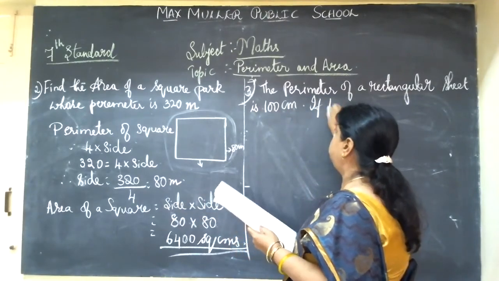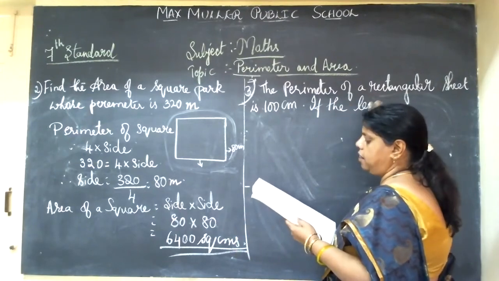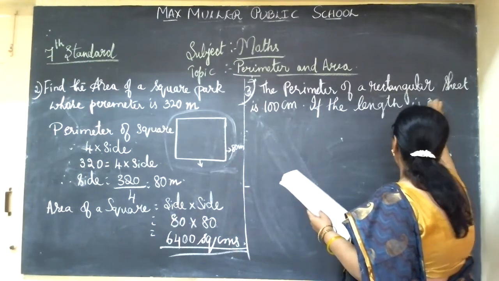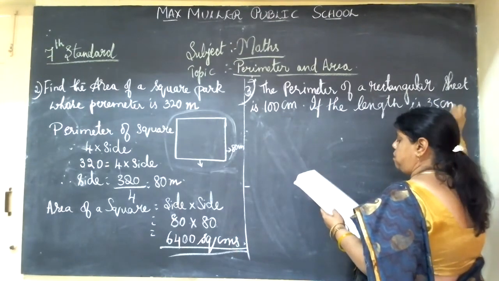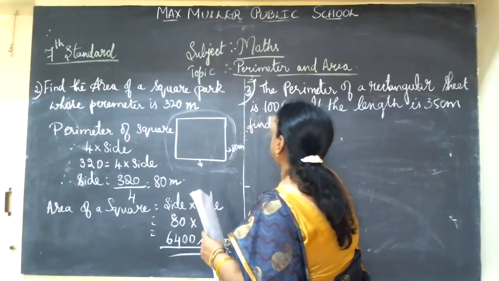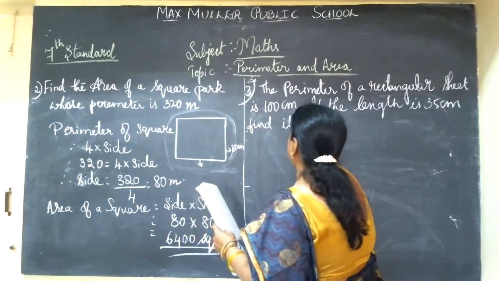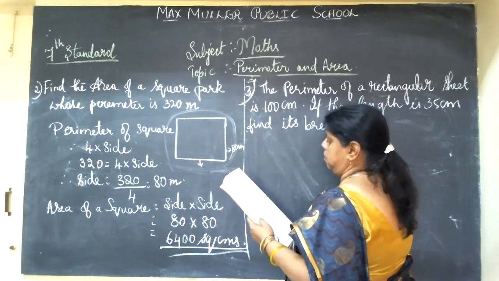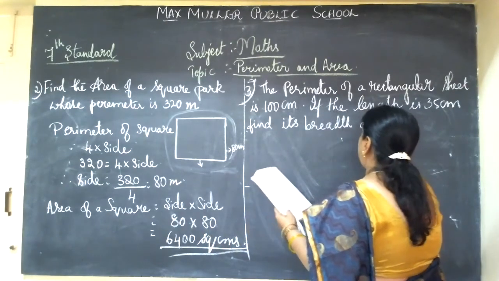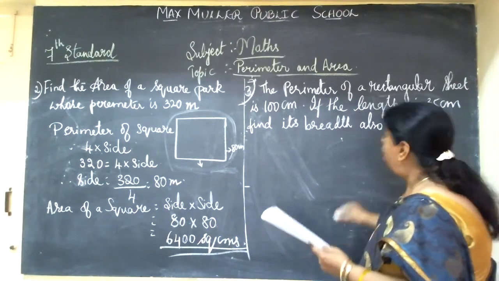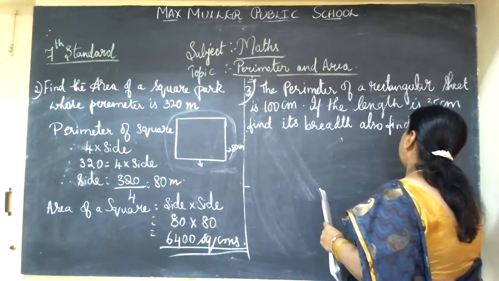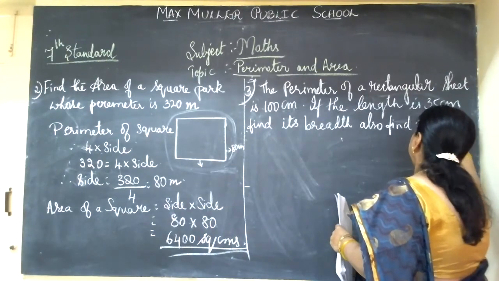If the length is 35 centimeters, find its breadth. Also, both the two questions are there. Also find the area.